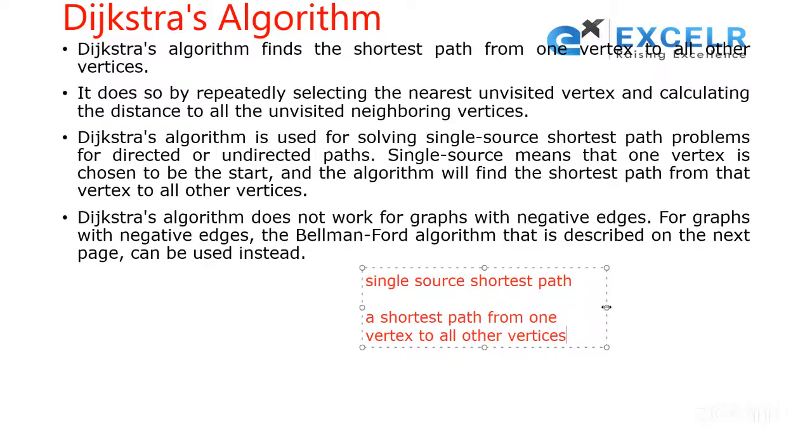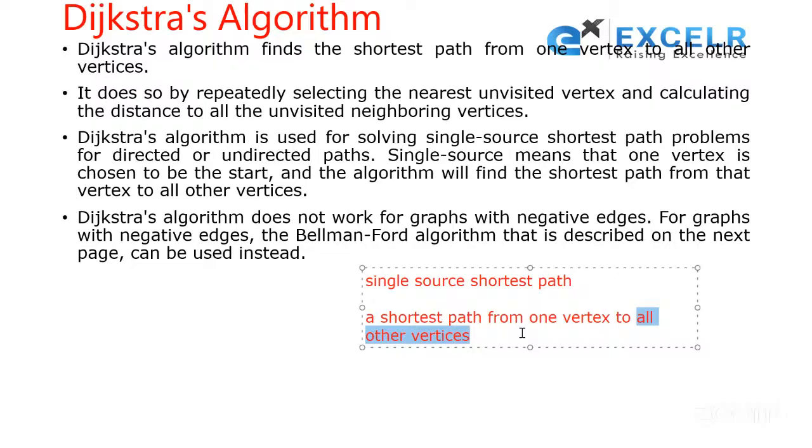Remember these points. 2 points are important. It is a single source shortest path, means you are selecting a source and then you are finding the shortest path from that source to all other vertices, not to the destination. When you are saying source and destination, then we make use of different kinds of algorithms, be it the traveling salesman problem, be it the Floyd-Warshall algorithm, be it the A star algorithm.